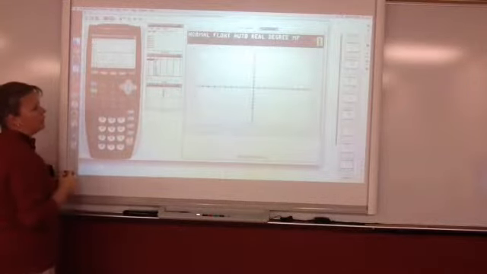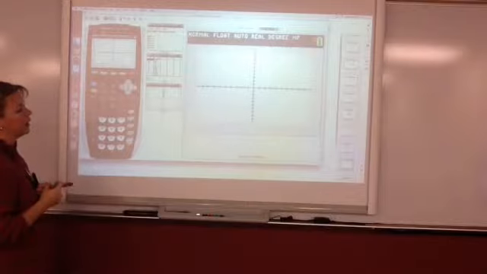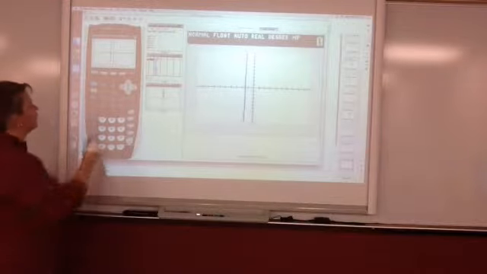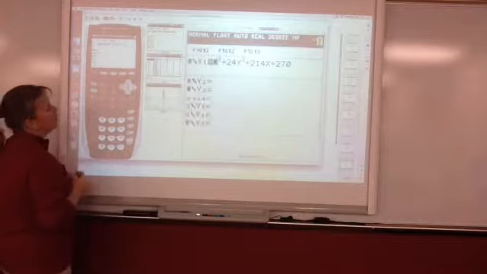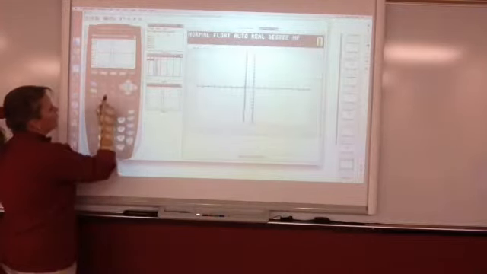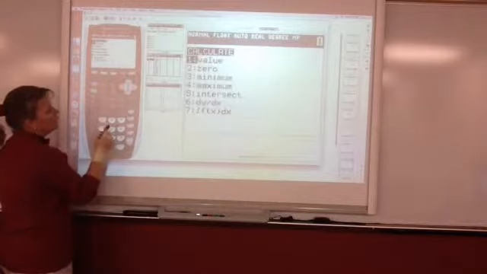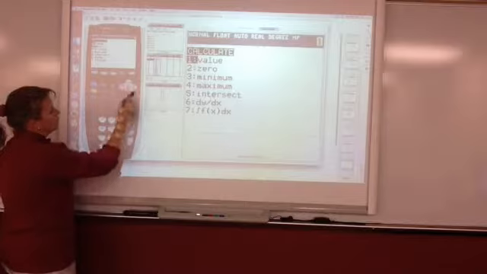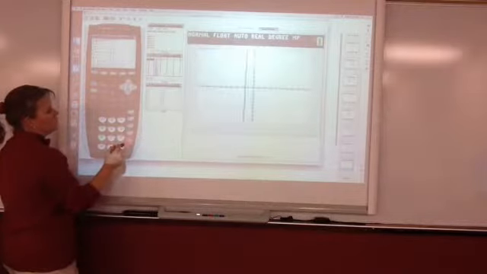I can hopefully find one whole number 0 so that I can use synthetic division to find the others. So I'm going to go to the graph, calculate the value at 0. So go to number 2.